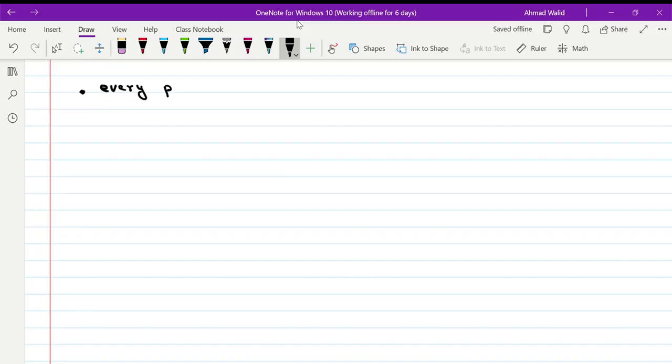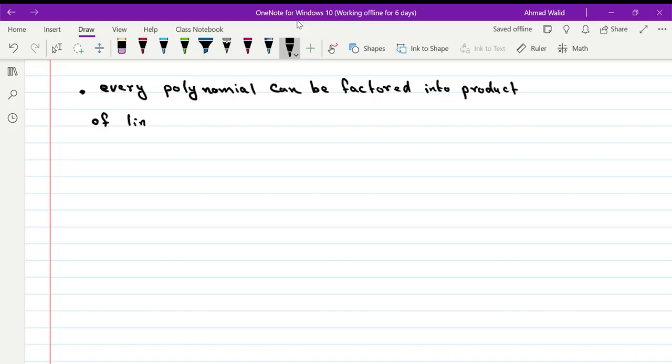Every polynomial can be factored into a product of linear and/or irreducible factors.